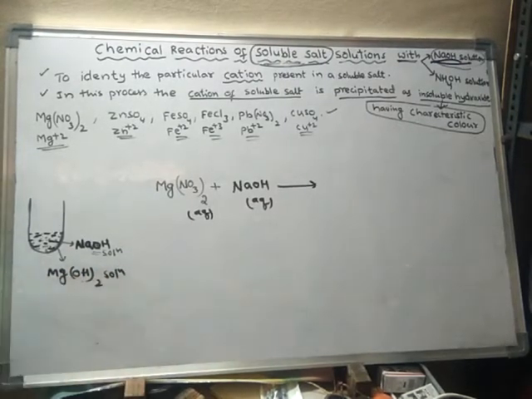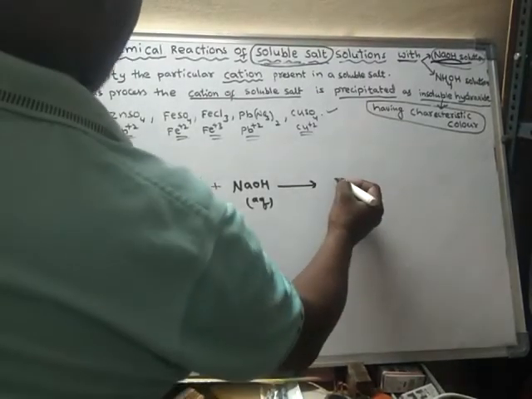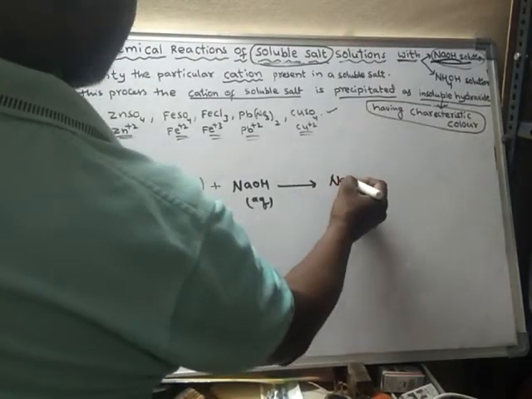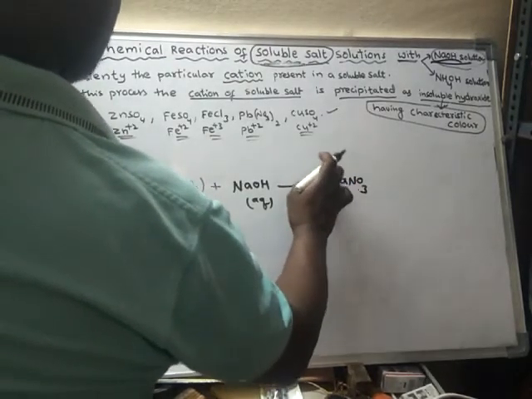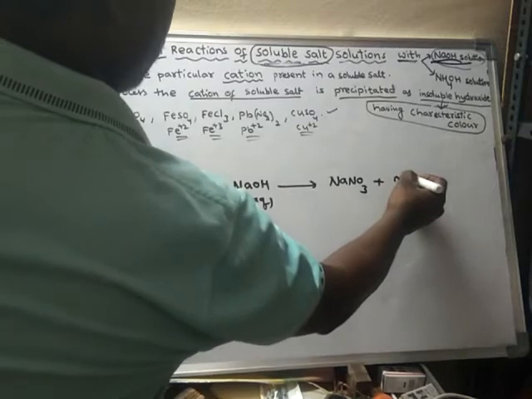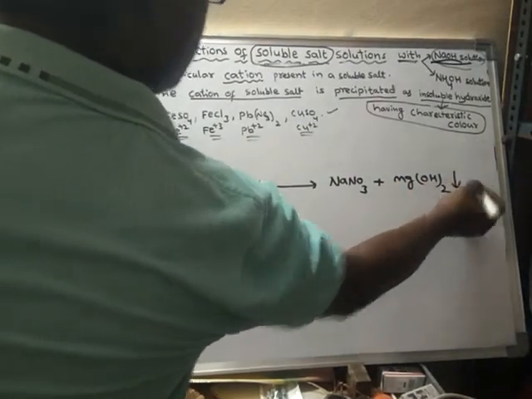When these two solutions are mixed, within no time a reaction takes place between these two, and it forms sodium nitrate and magnesium hydroxide. It's an insoluble salt.